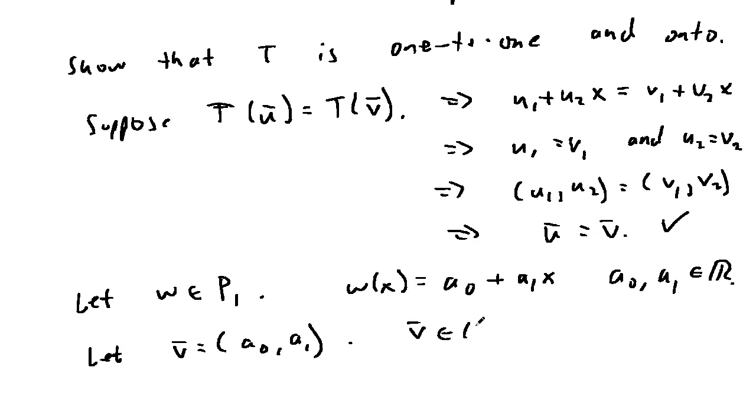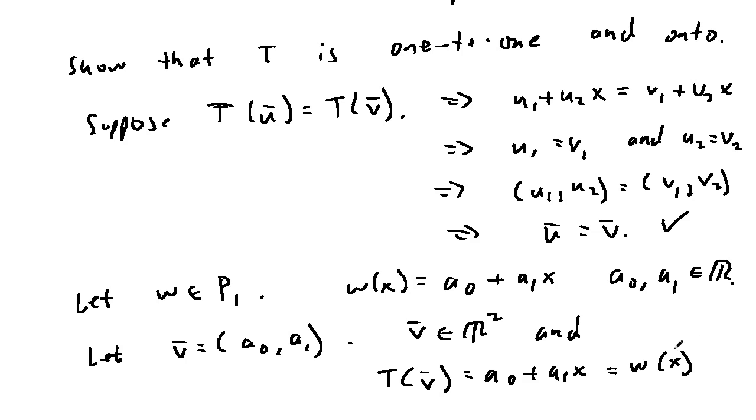Then v lies in R2, and T of v is equal to a0 plus a1x by definition of T. So we get this polynomial, but that's just w of x.